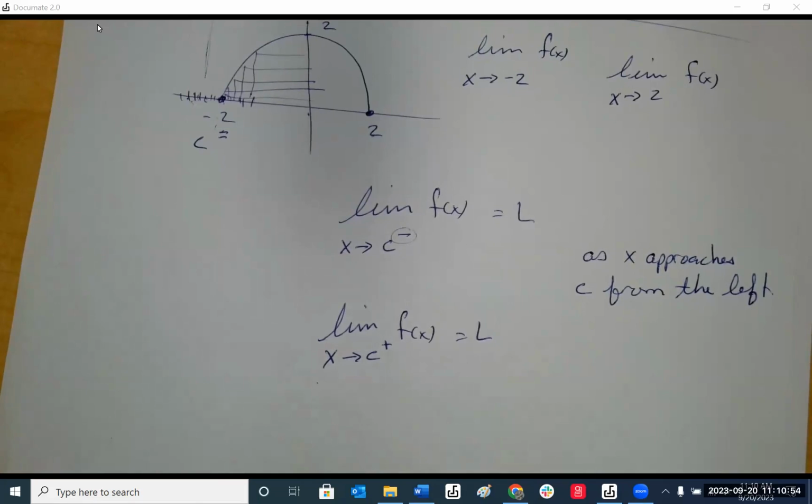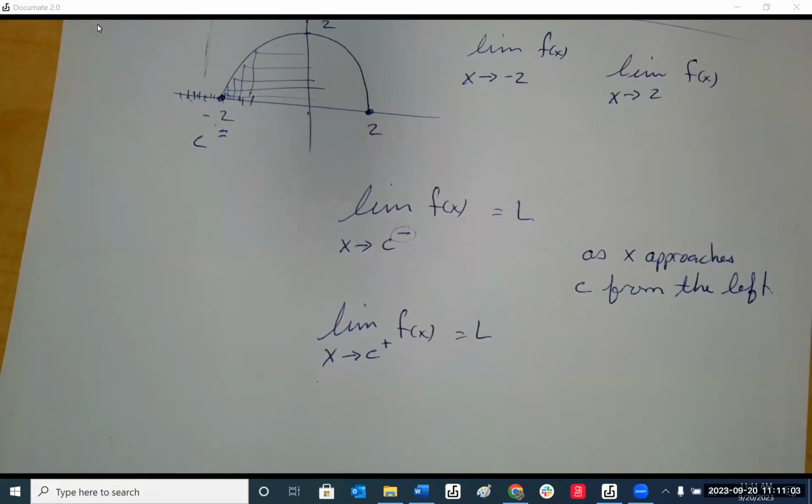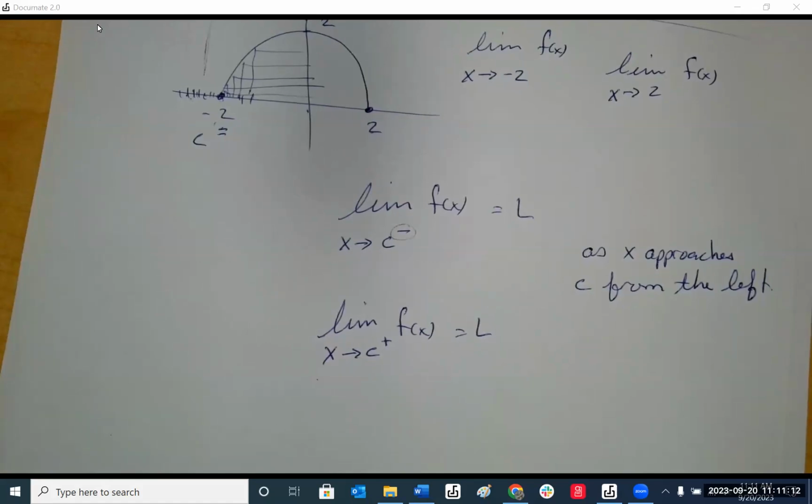Because now we can look at closed domains. In the past, there were always open domains, usually going from infinity to negative infinity, or from A to B. And now we're going to do the same thing now with closed intervals.